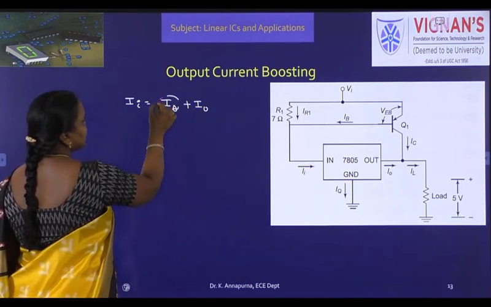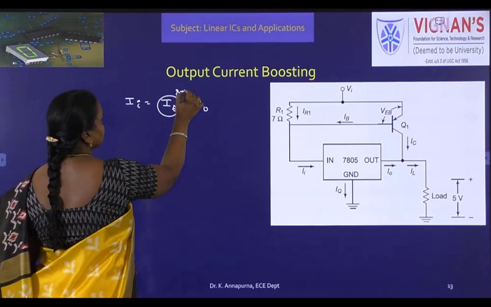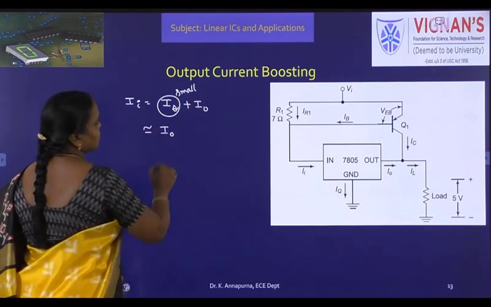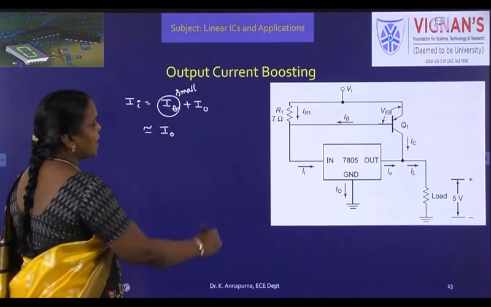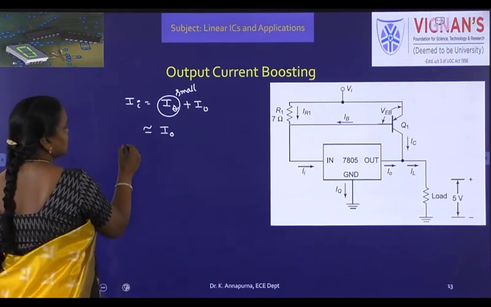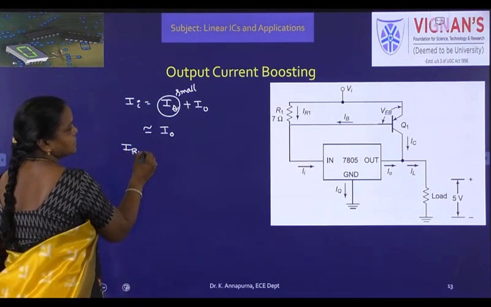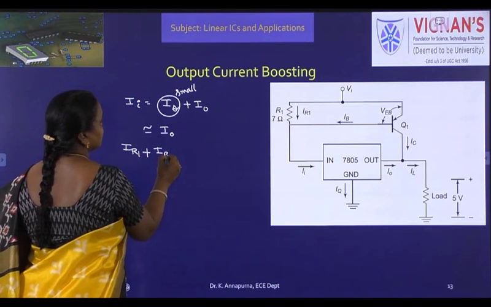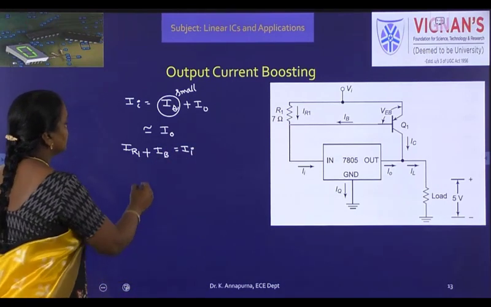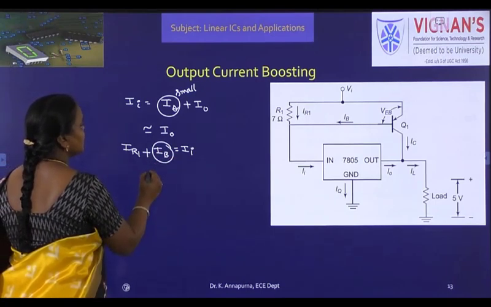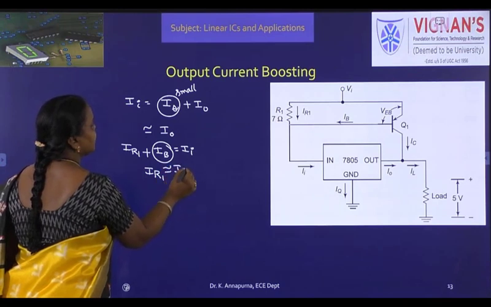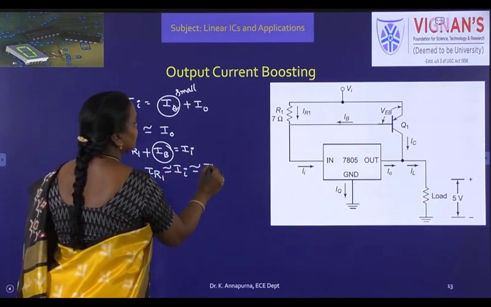We know IQ is a very small value, so II is approximately equal to I naught, right? And if you apply KCL at this node, IR1 plus IB is equal to II. Here IB is very small, so IR1 is approximately equal to II, and that is approximately equal to I naught.